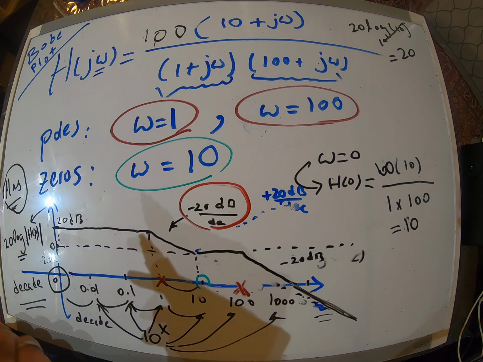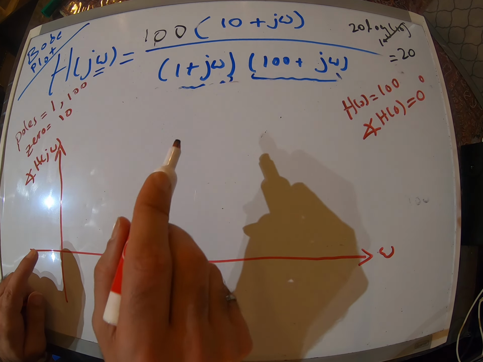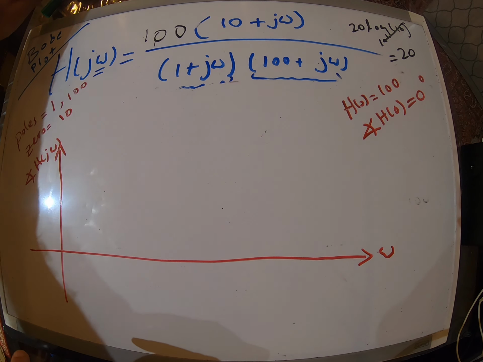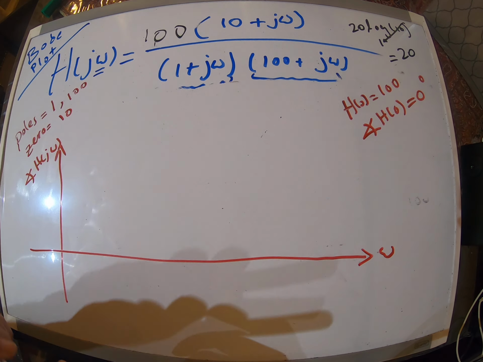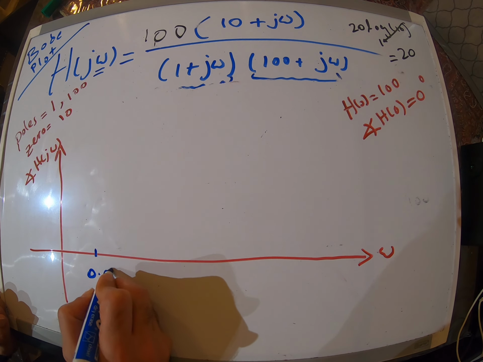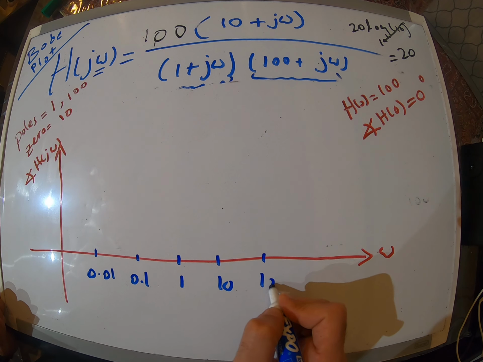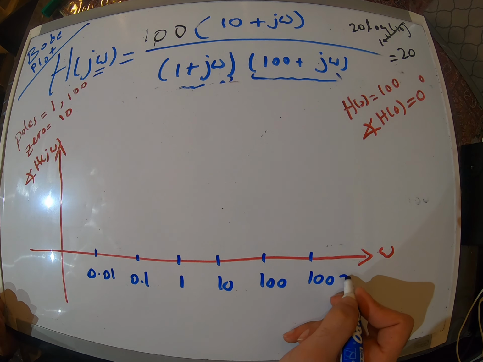Okay, and you remember I mentioned that the scale for this axis depends on your example. So here we know that our poles are at 1 and 100, and then we have a 0 at 10. So I'm going to start this one with 0.01, or I could actually start it with 0.1 as well, doesn't matter. And 0.1, and then 1, 10, 100, 1000, and so on.